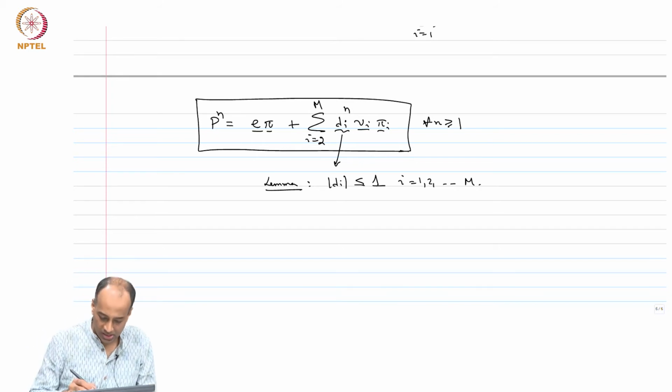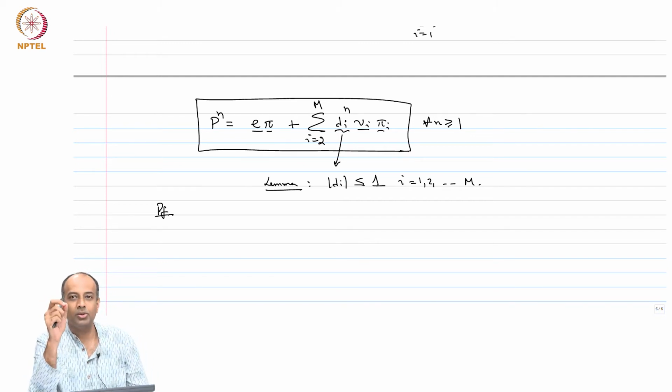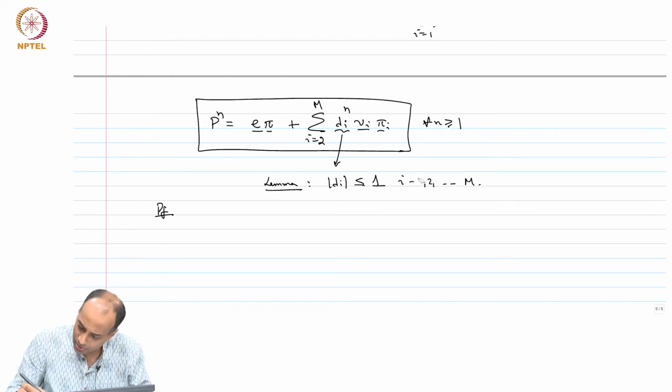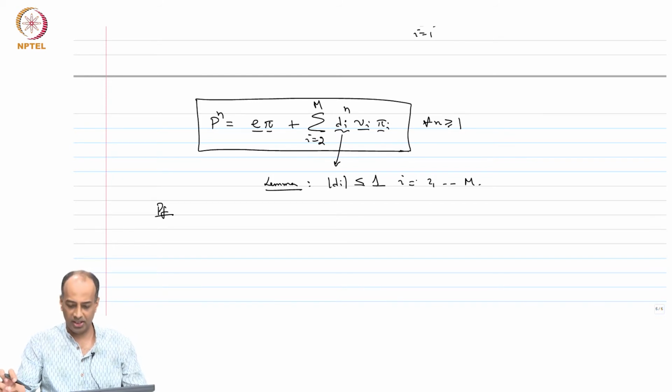The way to prove this is the following. Remember that the lemma only says that the absolute value is less than or equal to 1 for i equal to 1 to m. I can just write i equal to 2 to m because I know that lambda 1 is equal to 1.